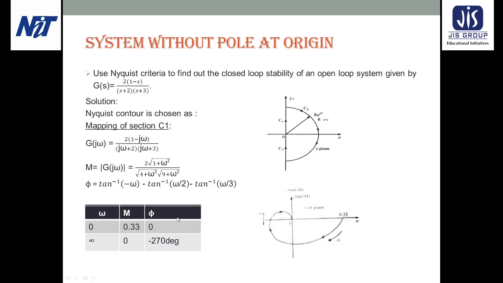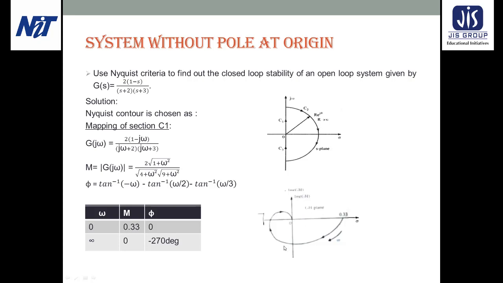When omega is equal to 0, the graph starts from the 0 degree line, the reference line, and the magnitude on it is 0.33. Now omega starts to increase, and when omega is infinite, the line will be the minus 270 degree line, and the magnitude on this line is 0.